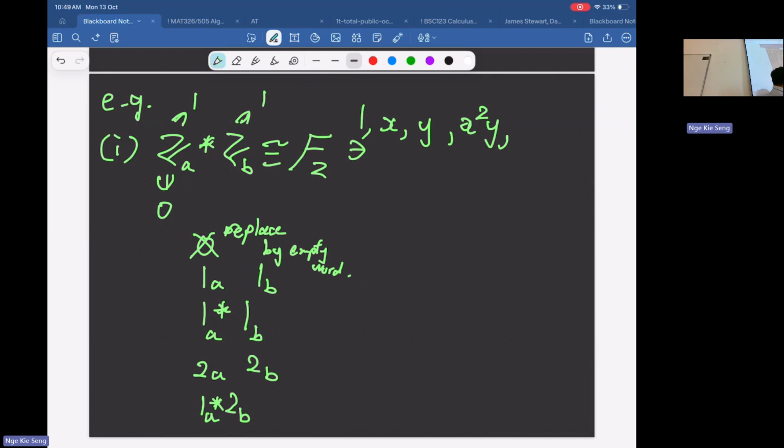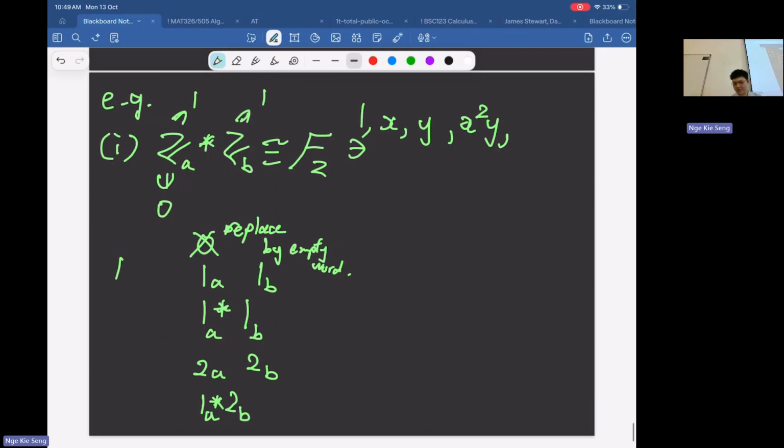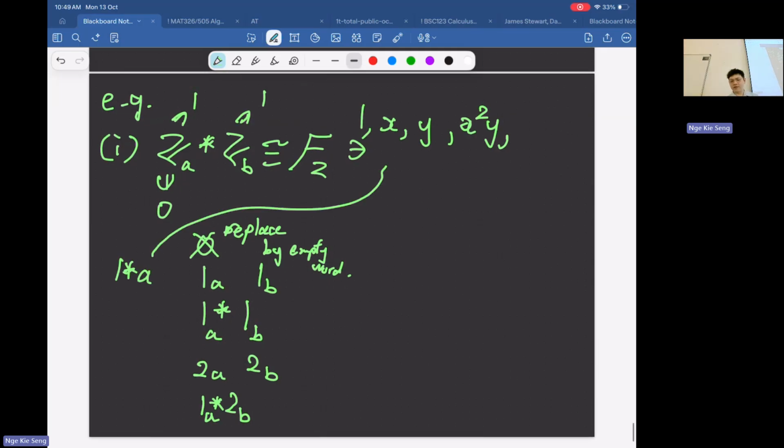But also if you add in elements like this, you should think of how I pair this with this guy. If I write it down like this, is it obvious how to pair now? Sorry, 1 star 0, for example. If you add these things in, then we won't get this kind of isomorphism. If I write it down, you can compare who should map to who.